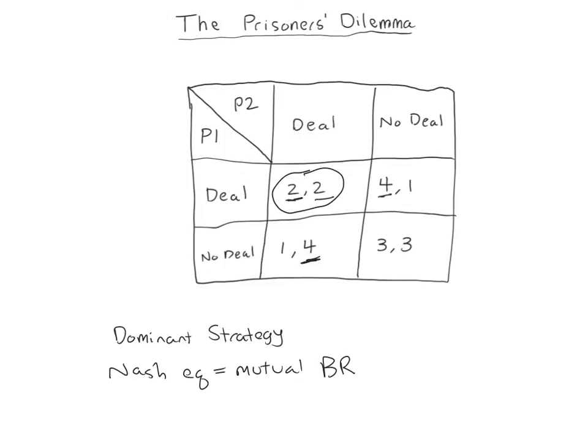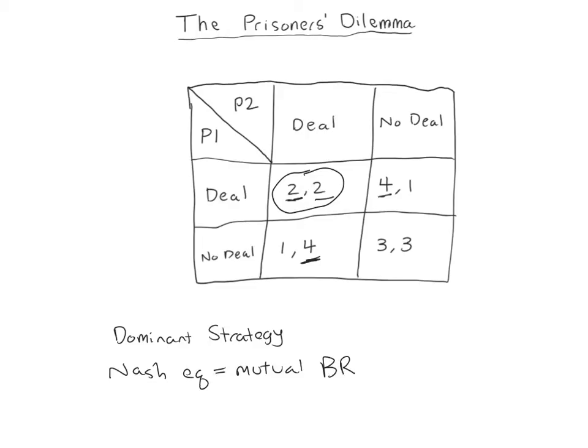So to review, we looked at the Prisoner's Dilemma. This is a game you should know. We underlined all the best responses. We saw that both player 1 and player 2 have a dominant strategy, meaning they always have the same best response. In this case, it was deal for both of them. And then we circled the Nash equilibrium for this game.